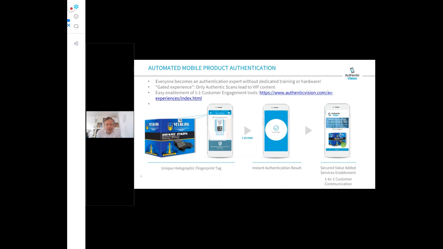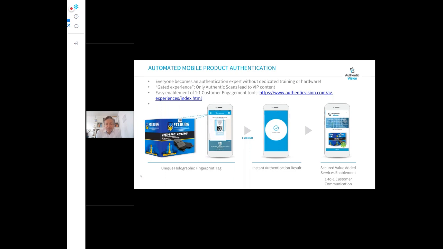Also interesting to mention that the scanning and authentication process offers additional opportunities for customer communication. When the scanning takes place, which is usually within 1 second, a little longer than just a QR code scan or data matrix scan, because of course the 3D image is analyzed for authentication.